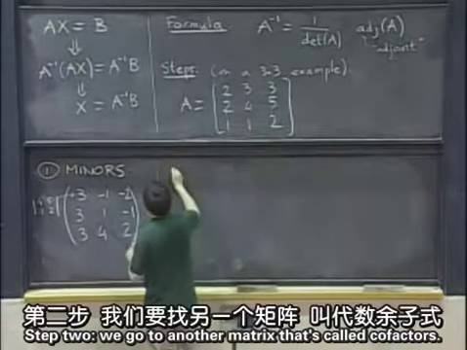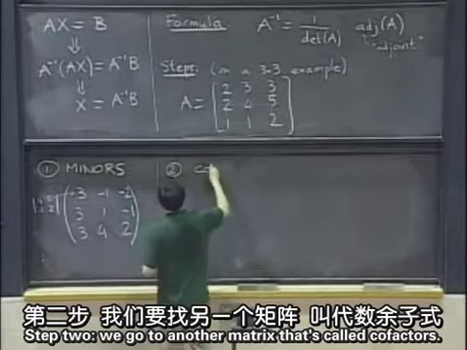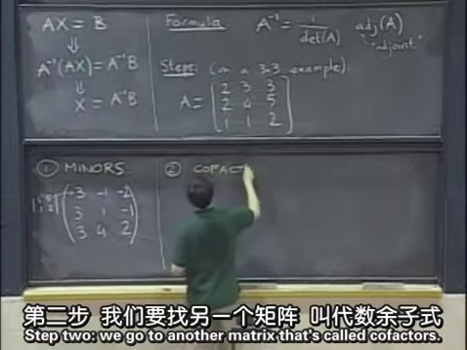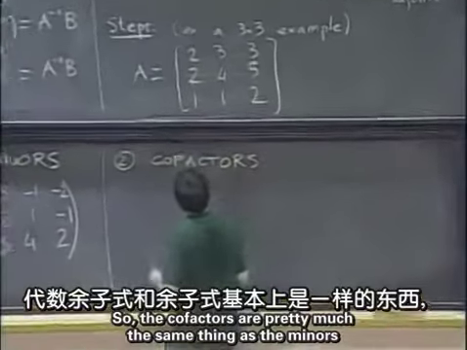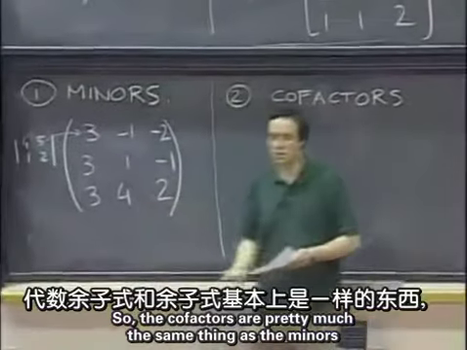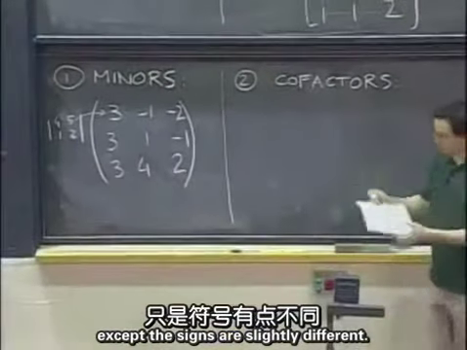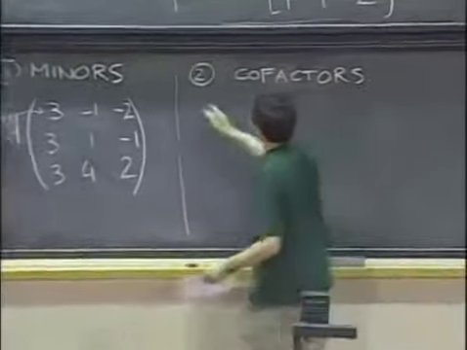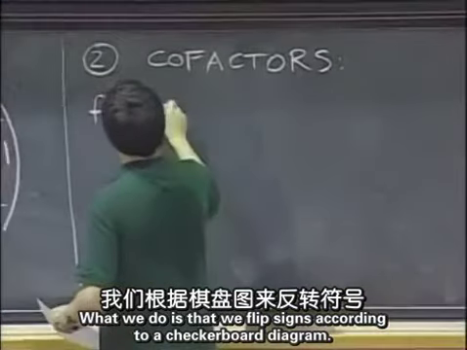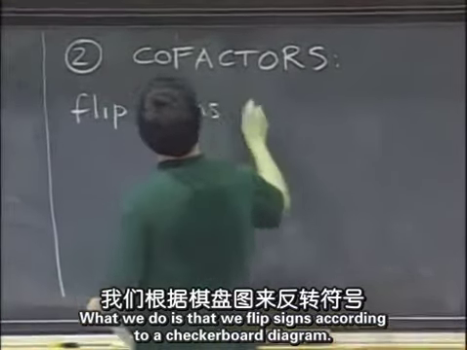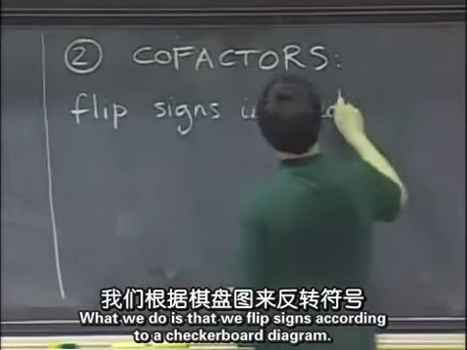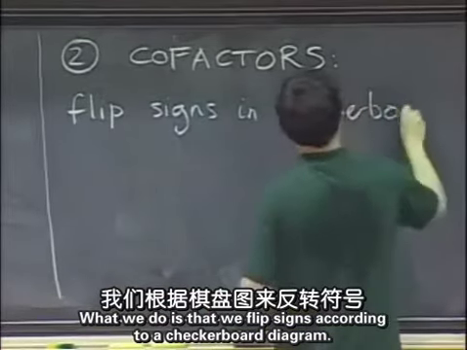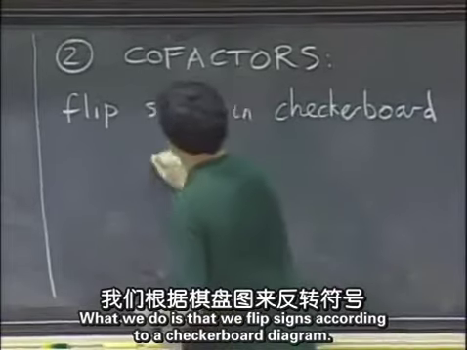Step 2, we go to another matrix that's called cofactors. The cofactors are pretty much the same thing as the minors, except the signs are slightly different. What we do is we flip signs according to a checkerboard diagram.